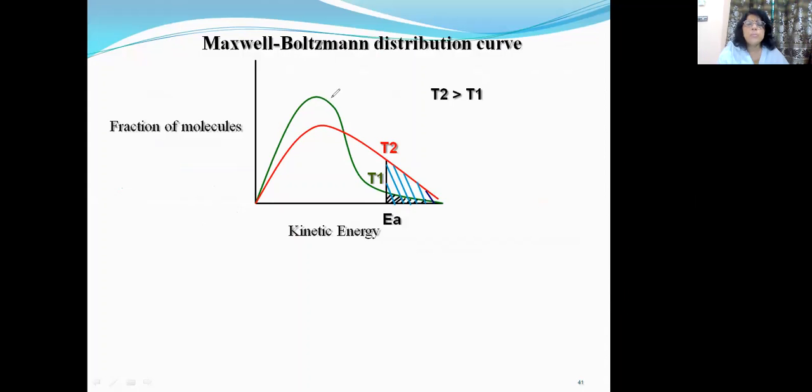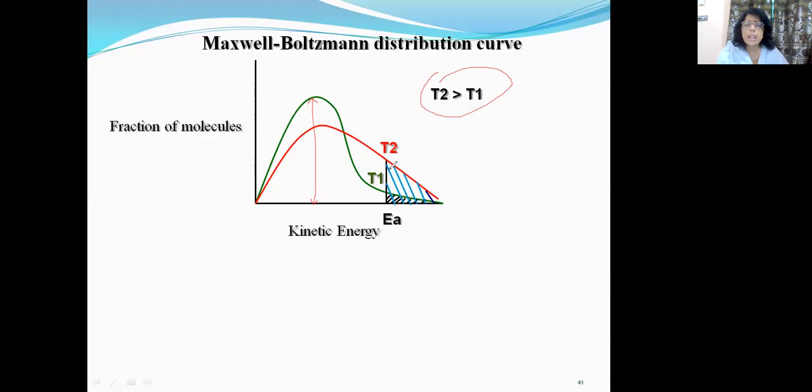If we look into the Boltzmann curve, we can plot this curve for temperatures T2 and T1, where T2 is greater than T1. So the fraction of molecules having the maximum kinetic energy gets increased.